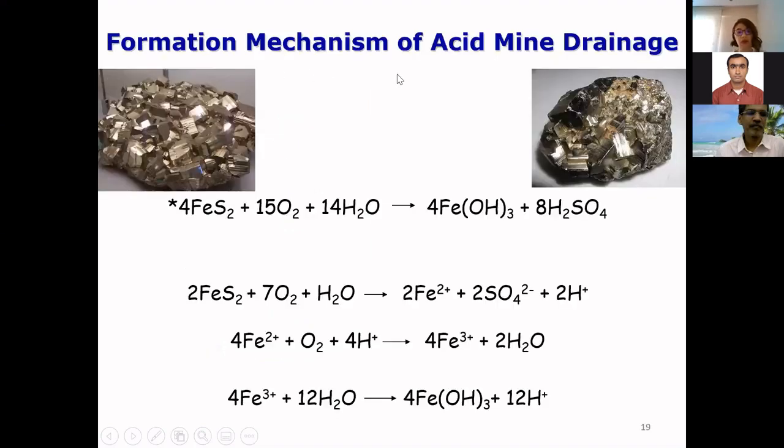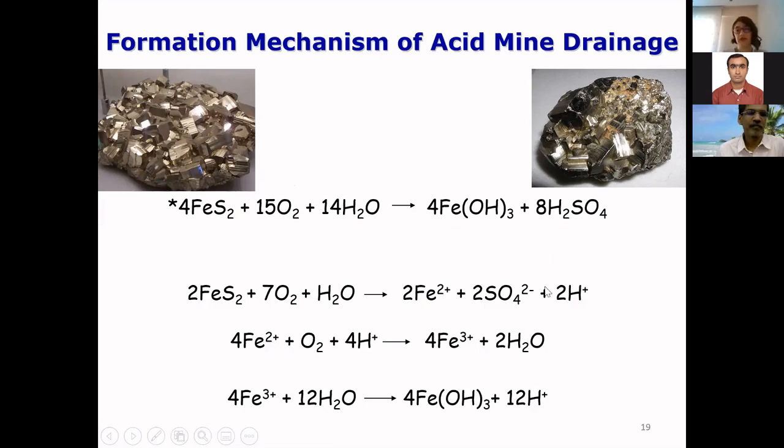If you look at the formation mechanism of the acid mine drainage, simply we said in the previous slide, if we have sulfide minerals and we have oxygen and water, the result is sulfuric acid and dissolved metals. And the pH of AMD can be less than 3.